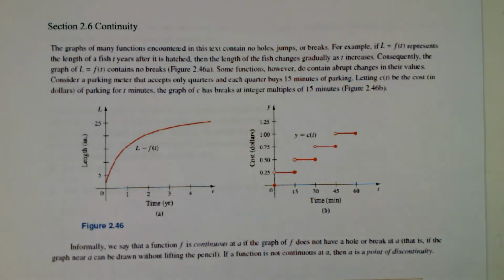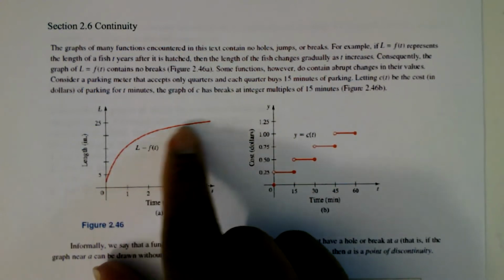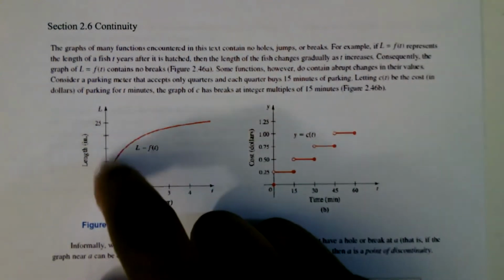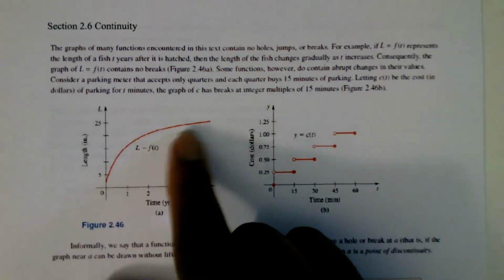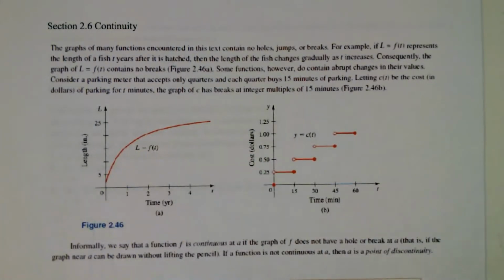Consequently, the graph of L equals f of t contains no breaks, as you can see in this illustration on the left side. Here, the time is in years, and then the length in inches. So that's what the curve looks like. It has no breaks in it.